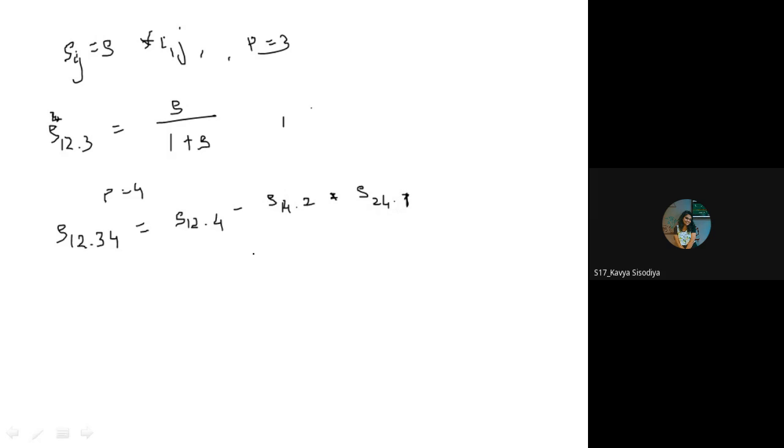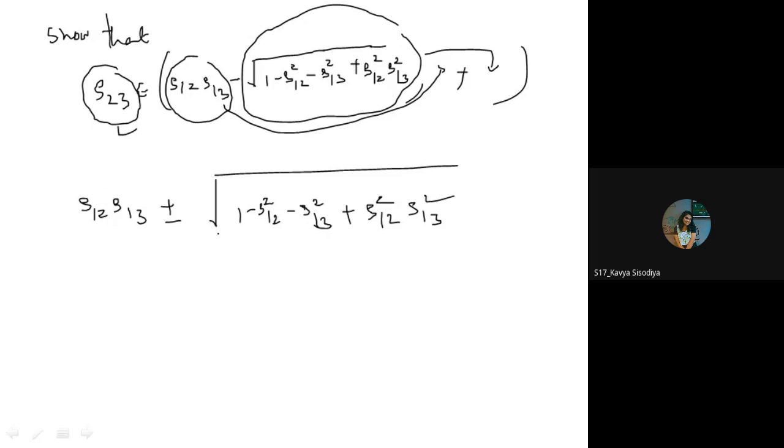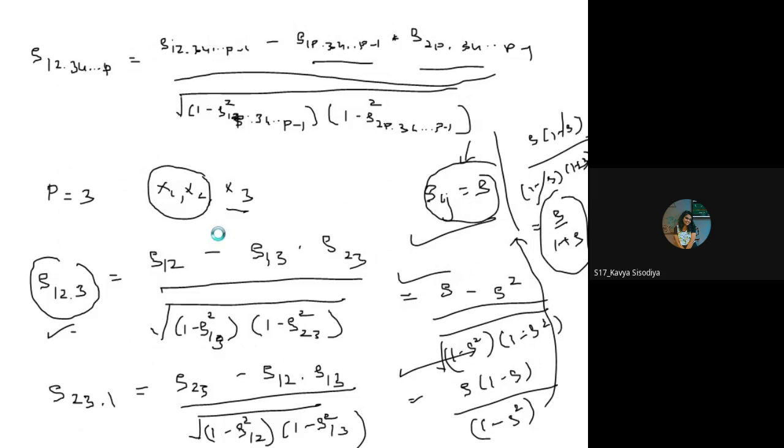Is it? Is something wrong here? As per the formula, it will go only up to p minus 1. Go for this formula. You wish to find out the correlation between 1 and 2 when 3 and 4 are fixed.